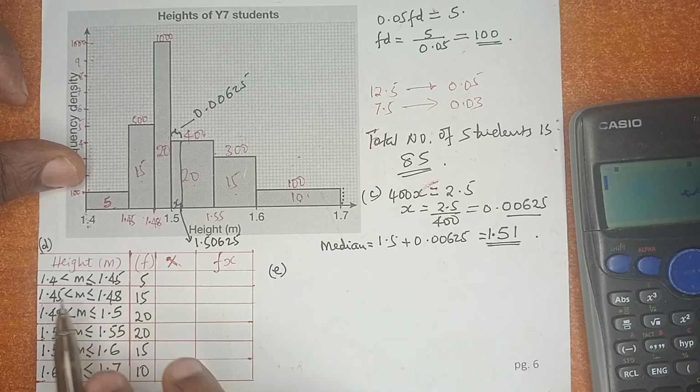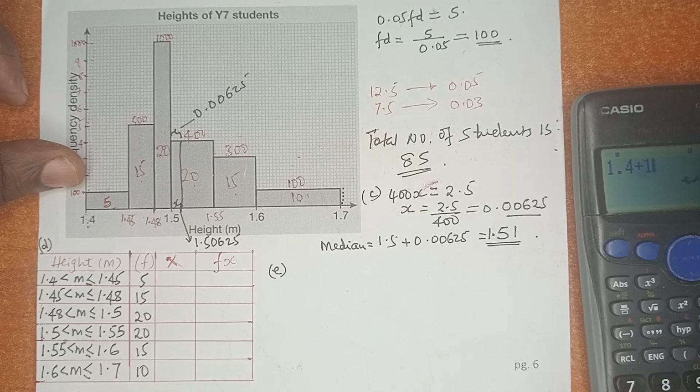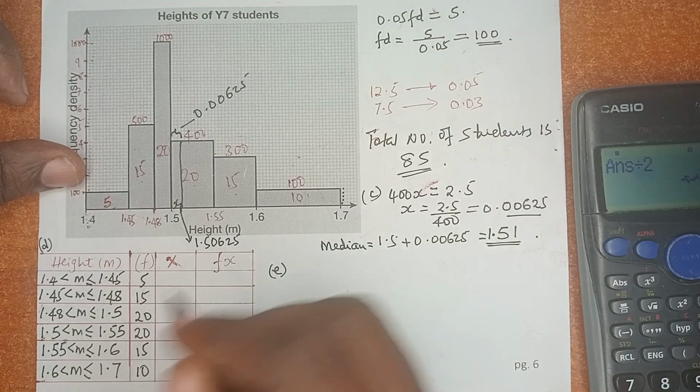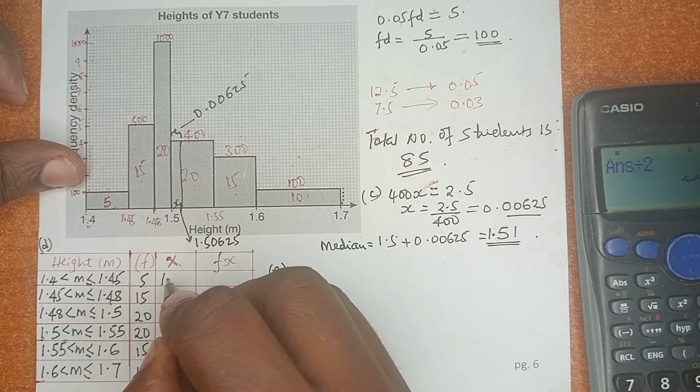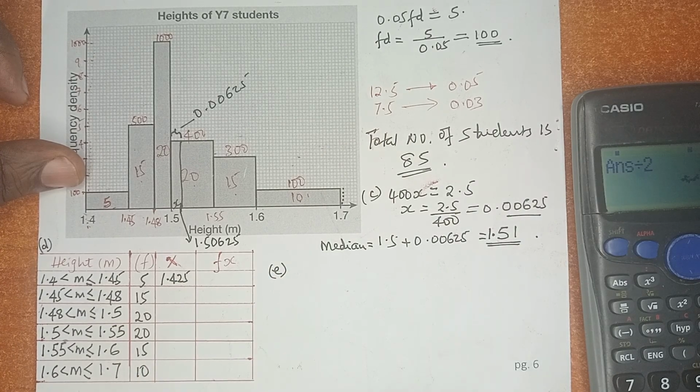And the class rep for the first class is 1.4 plus 1.45. Of course, you divide by 2, which is giving us 1.425.